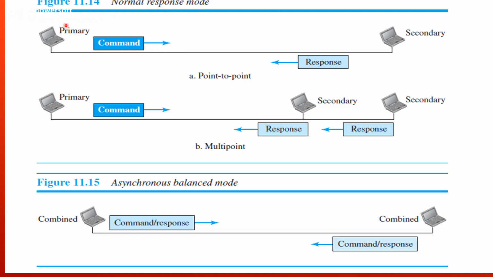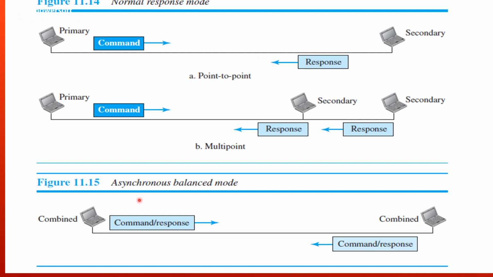That means the primary cannot behave as the secondary device. Primary can only send the command and secondary devices can only respond to that requested command. So this is with respect to normal response mode, where the configuration is unbalanced. That means the secondary cannot send the command here.